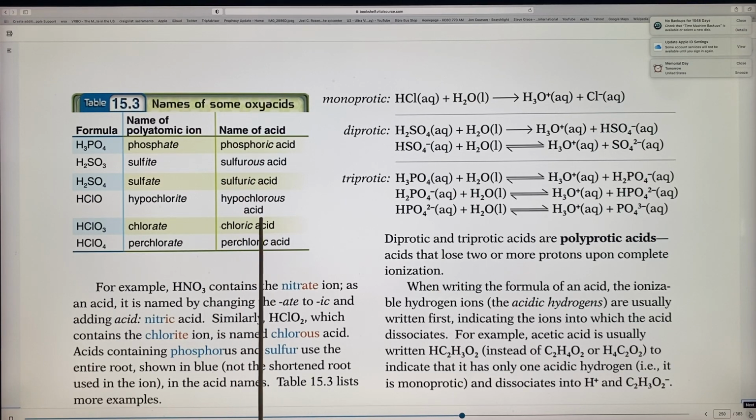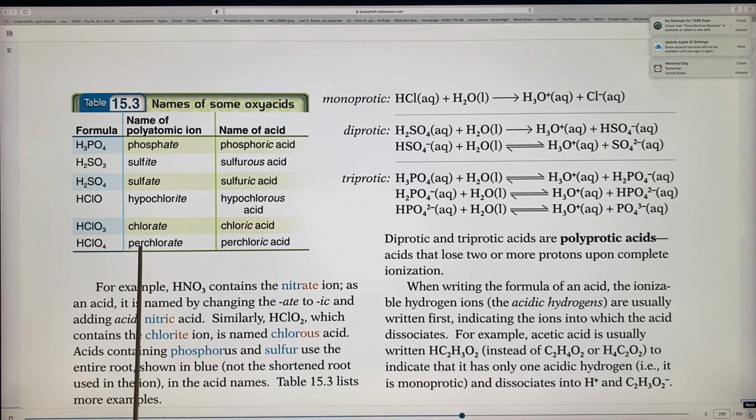Hypochlorous acid. Have you ever heard of that? Kind of a neat name. Now we have chlorate here, and that's going to turn to chloric. Ate is ick, and ite is ous.